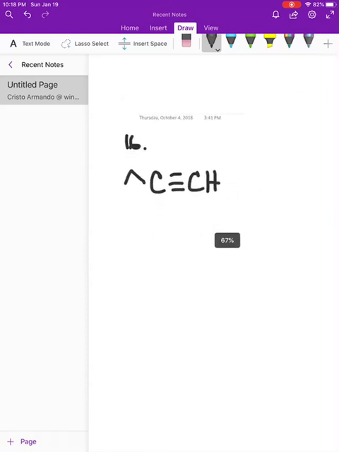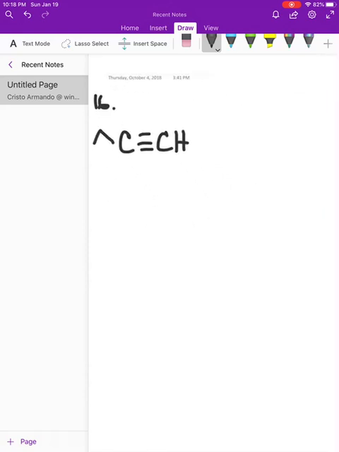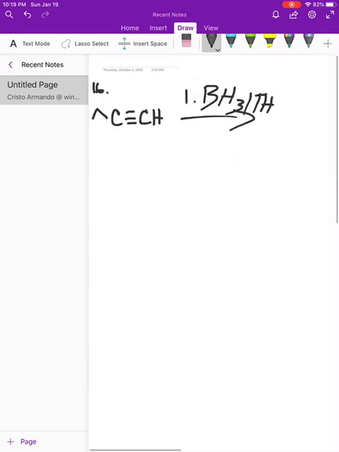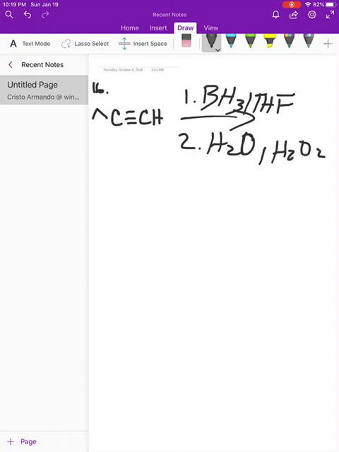So, problem number 15 was supposed to be an alkyne like this one. So, right here we're going to have BH3 and THF, and then we're going to have H2O, H2O2.